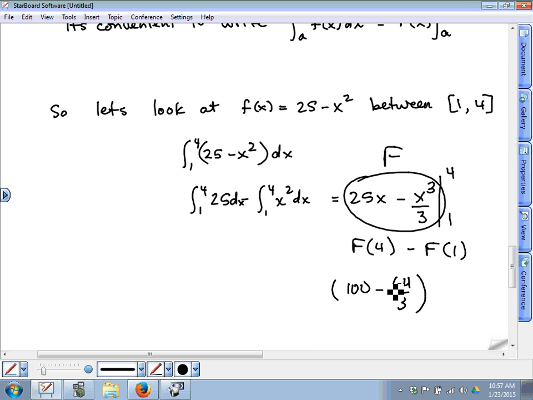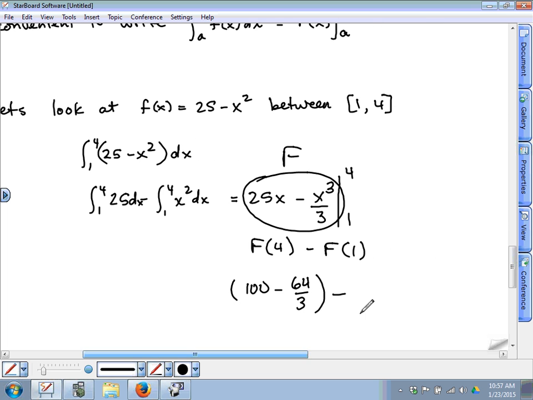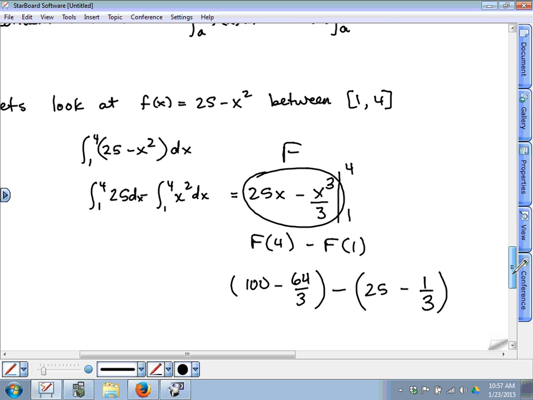That's capital F of 4. Now we subtract capital F of 1. So 25 times 1 is 25 minus 1/3.